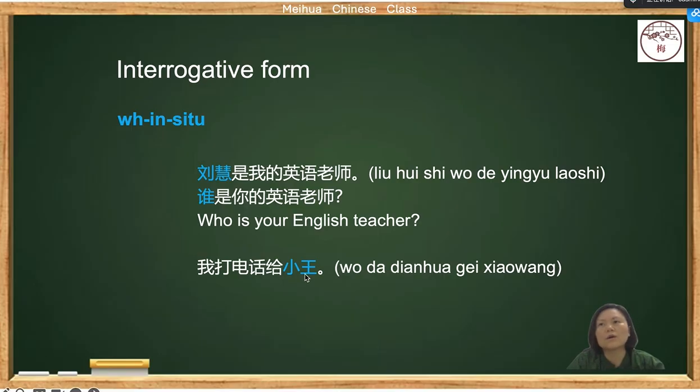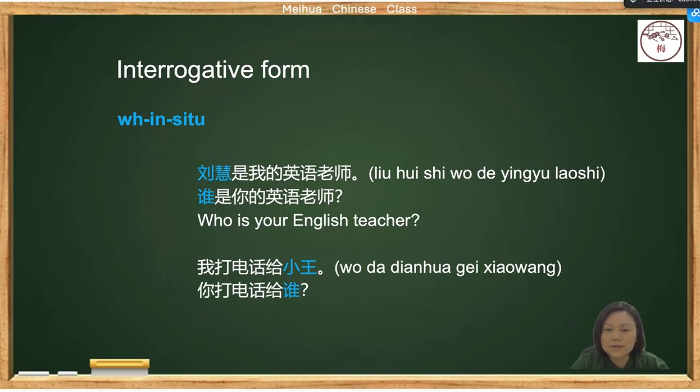So what should we say in English? 小王 is the object of action, right? So for an object, for person, we should use whom or who. And we should use the WH pronoun to lead the interactive sentence, right? Who am I calling, or who are you calling, right?